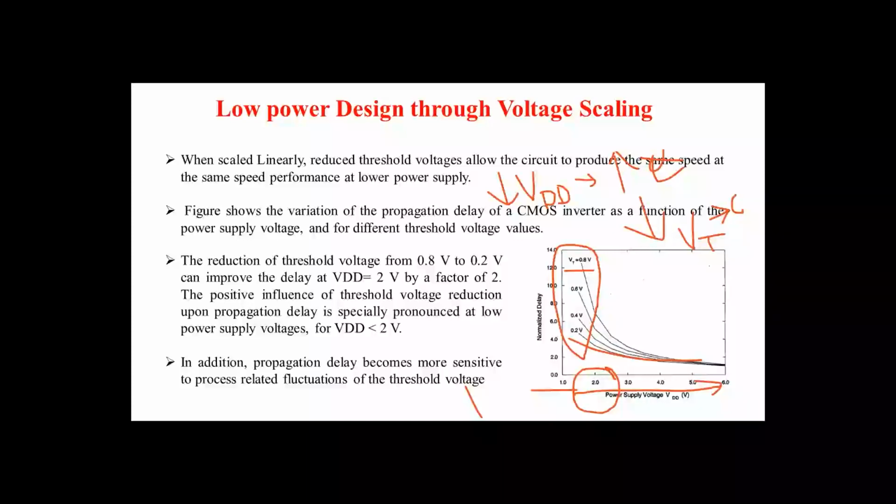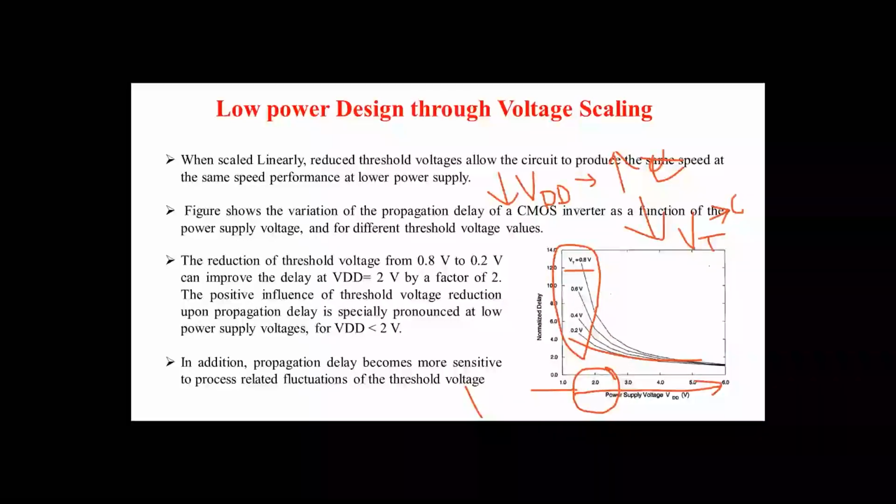For example, when VT is equal to 0.8 volt, what will the delay be? The delay is between 12 to 14. Here VT is 0.6, so 8 to 10. Here 0.4 means 6 to 8 and 0.2 means 4 to 6. So when you reduce the power supply, the delay will increase.